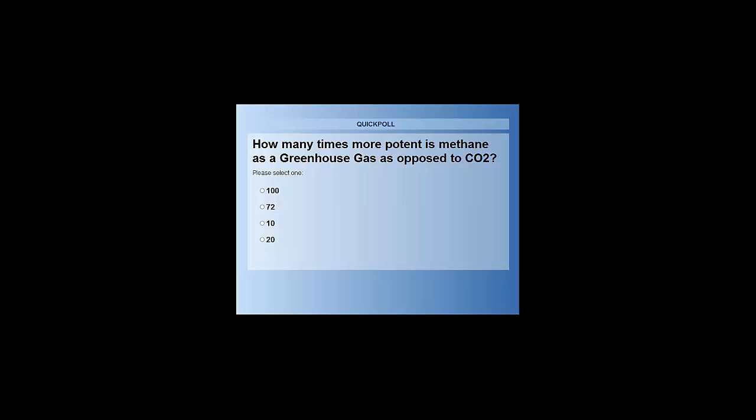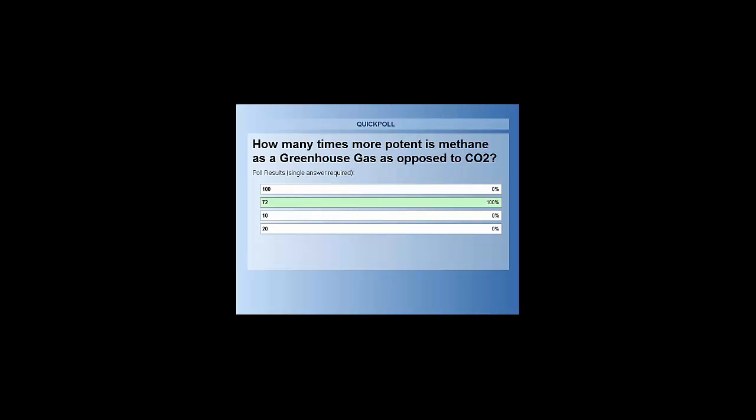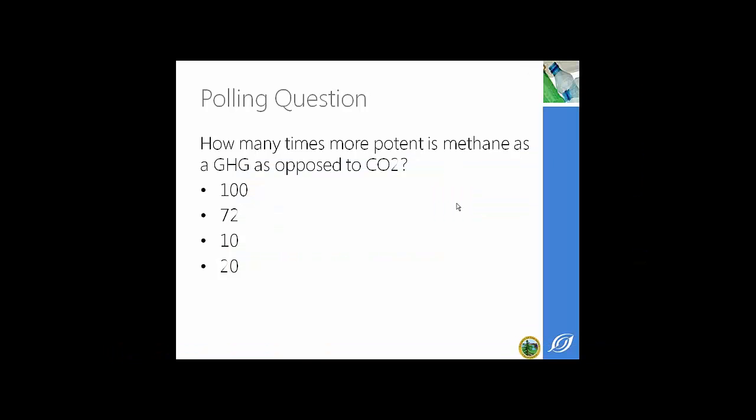Okay, got everybody to vote. Great, everybody got that right, 72 times more potent. So it's really important that we work on reducing methane out of landfills, especially through keeping food out of landfills.